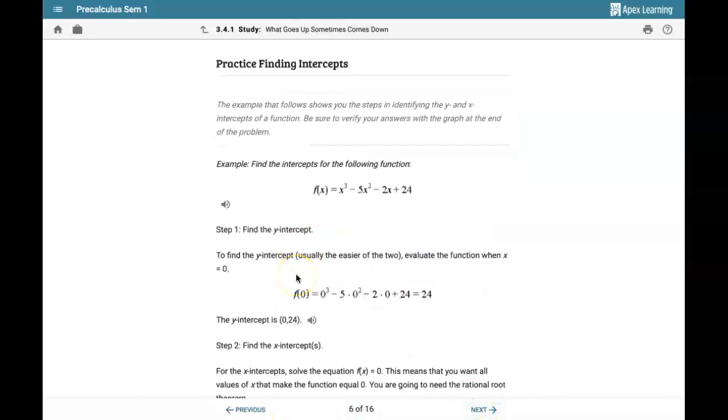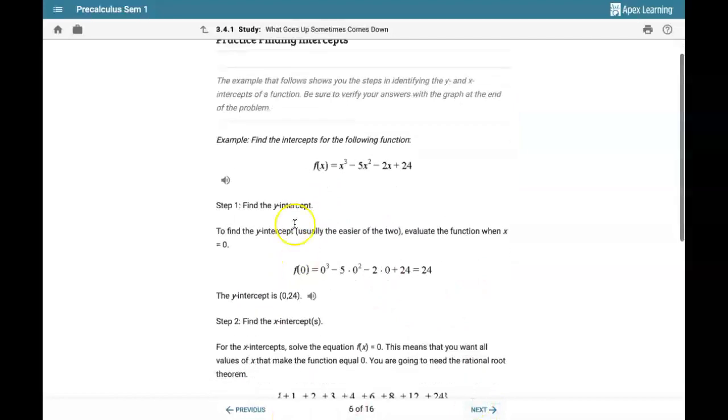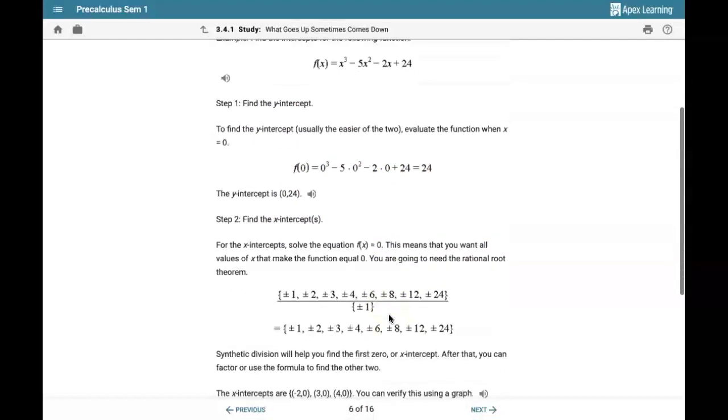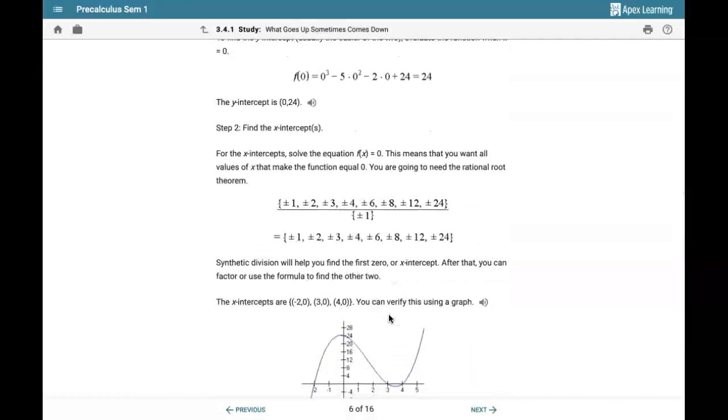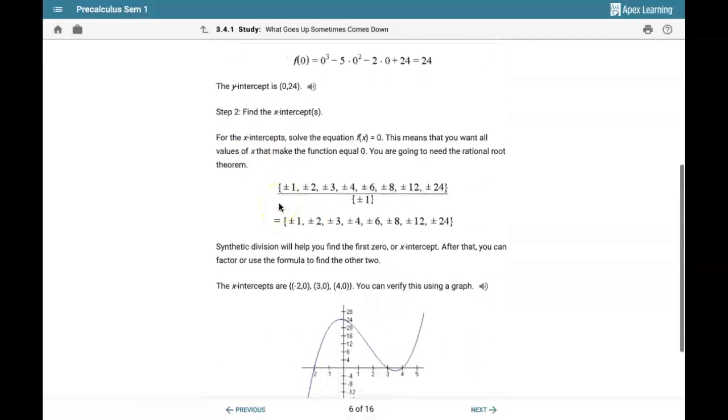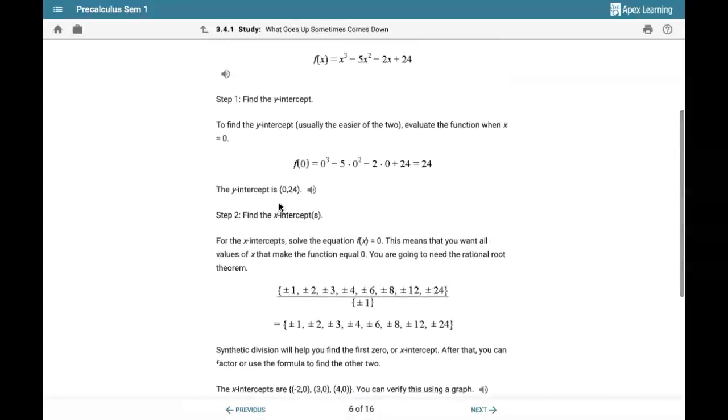So for example here, to find the y-intercept, you set x equal to 0. So we found the y-intercept is 24 because everything else canceled out. Then we've been dealing a whole ton throughout this entire course with finding the x-intercepts. For this one here, since it's x cubed, it might be more beneficial to use our rational root theorem, where again, we take all of the factors of our constant.